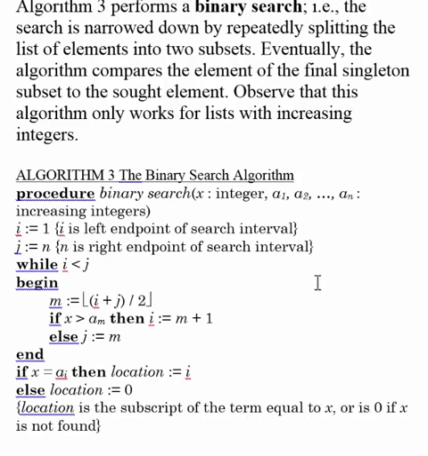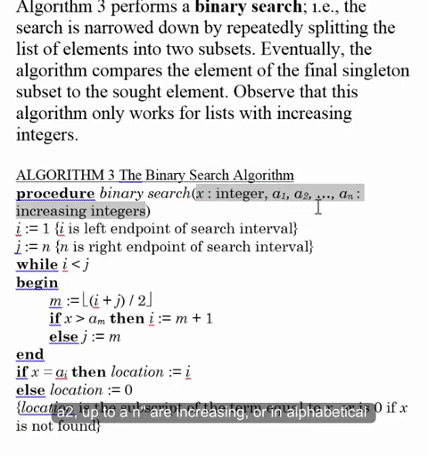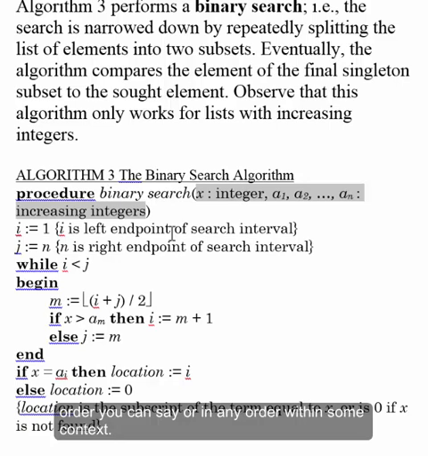As you can imagine, the input is going to change. So here the change in the input is that the sequence A1, A2 up to AN are increasing, or in alphabetical order, you can say, or in any order within some context.